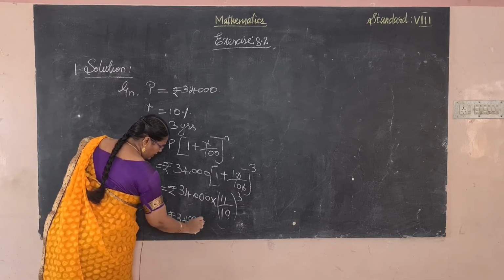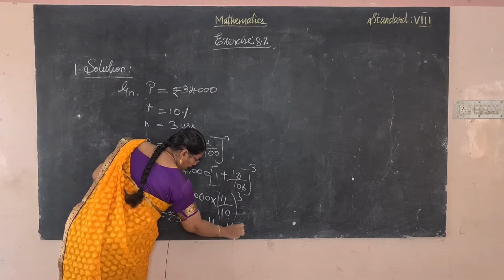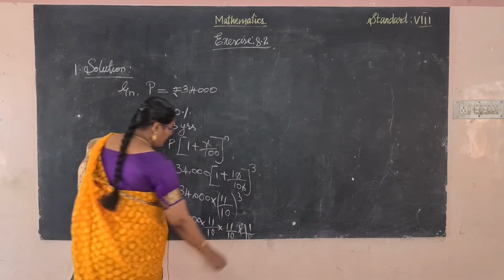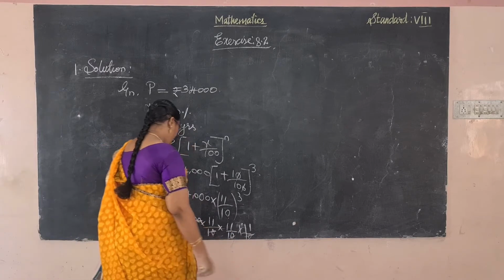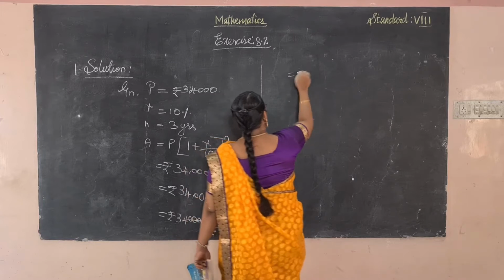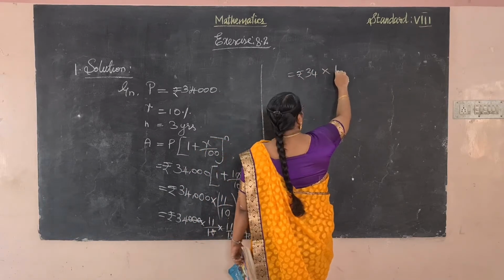Expanded, it is 3 times, so 3 zeros will be cancelled. So rupees 34 into 11 cube.